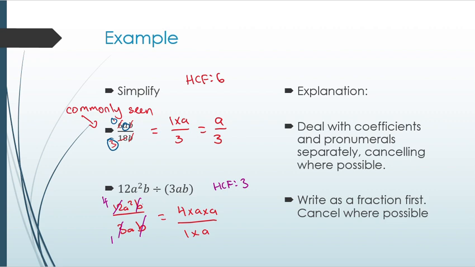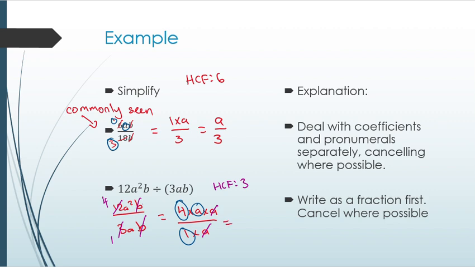And then the question is, how many a's are there in the numerator? There's 2, but there's 1 a in the denominator. So what I can do is cancel out 1 a apiece. And as you can see, I'm left with 4a and 1.